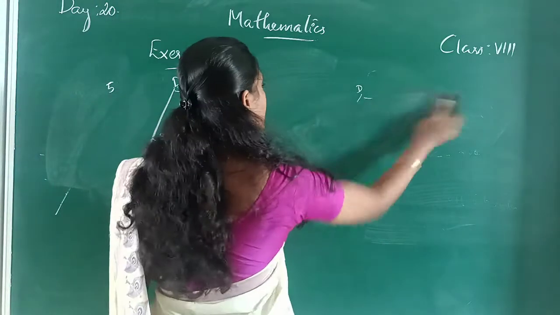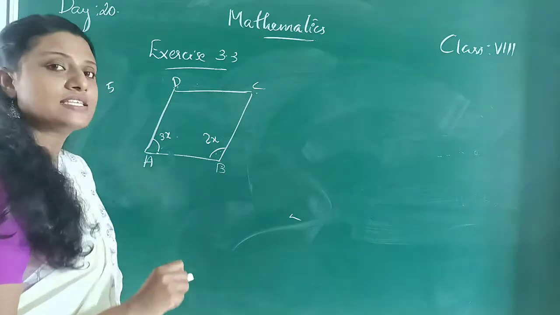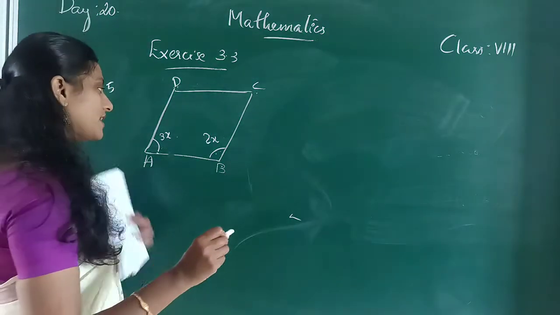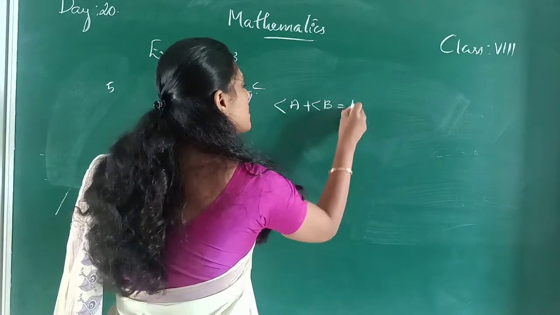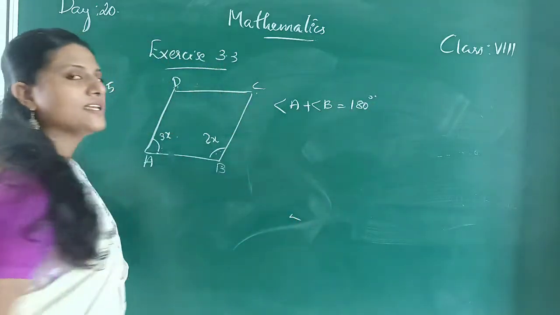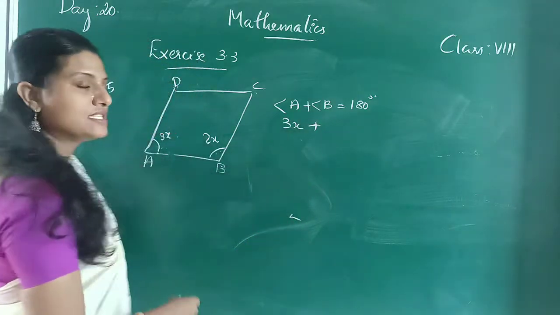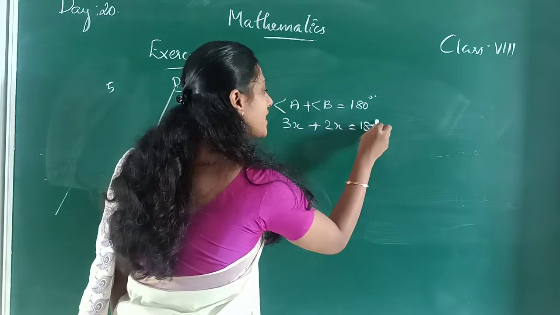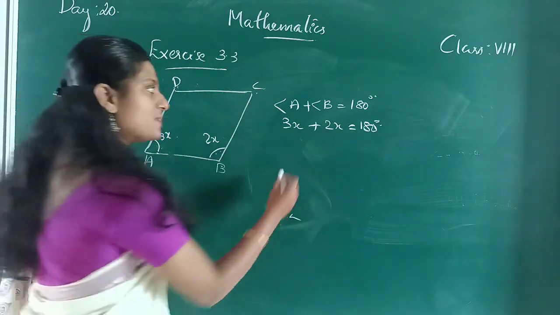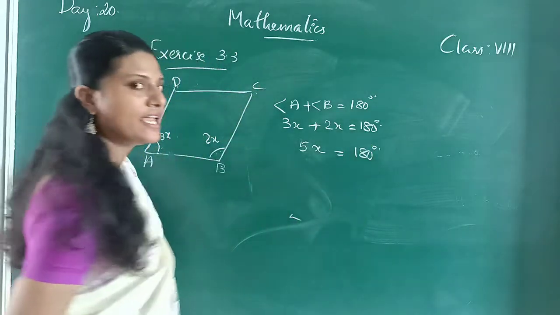But according to the property, the sum of these two adjacent angles is what? 180 degree, right? That is angle A plus angle B is equal to 180 degree. What is angle A? That is 3x plus angle B, 2x, equal to 180 degree. 3x plus 2x is what? 5x is equal to 180 degree.